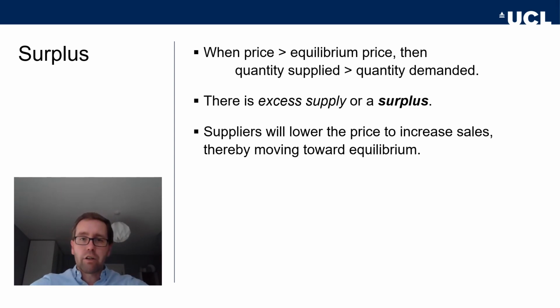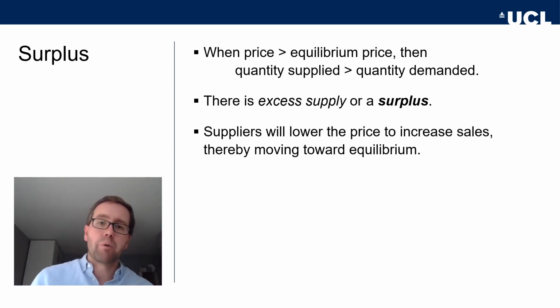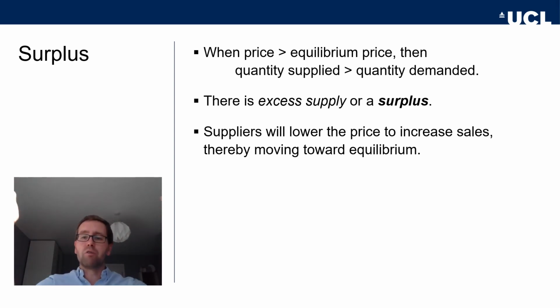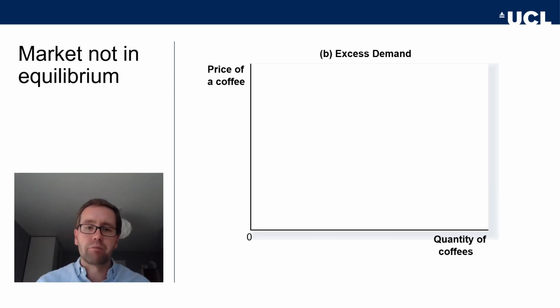That leads to a reduction of the price towards equilibrium. So it is a steady state in the sense that if you deviate from the equilibrium price by setting the price too high, the supply is not going to be met with sufficient demand, and it will be self-correcting, falling back towards the equilibrium level.